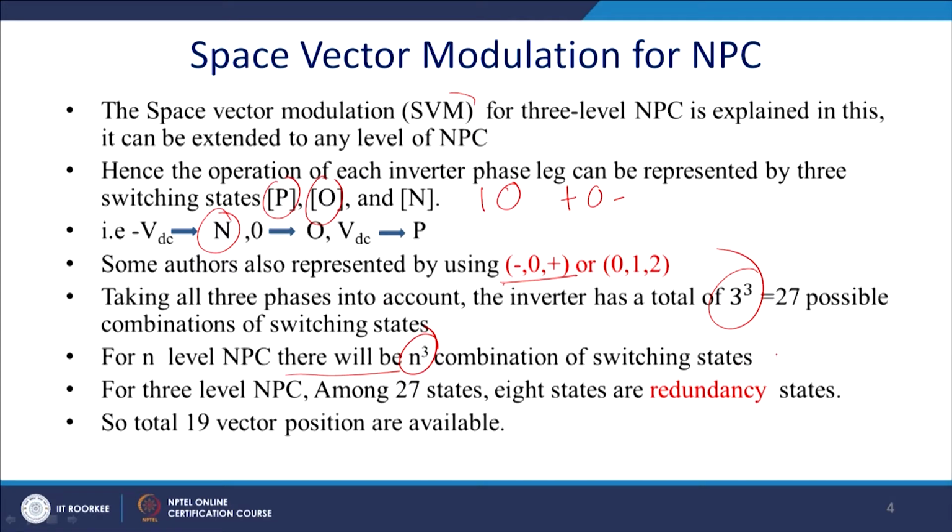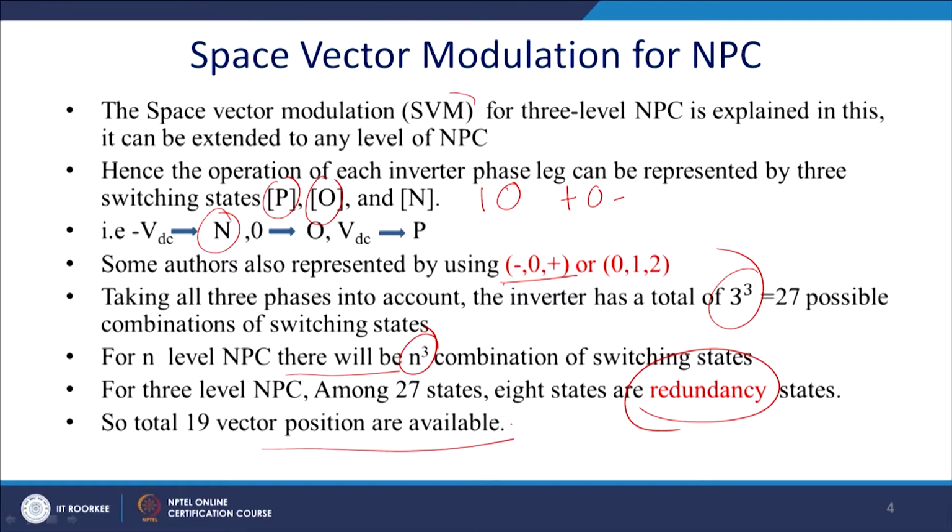For the 3-level NPC, among 27 states there are 8 redundant states, so we will have 19 position vectors available.